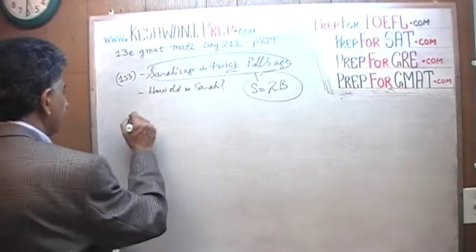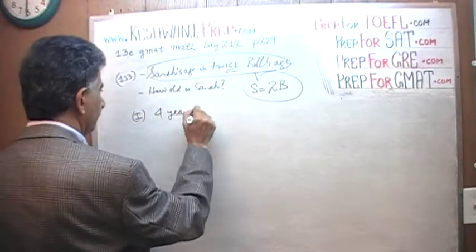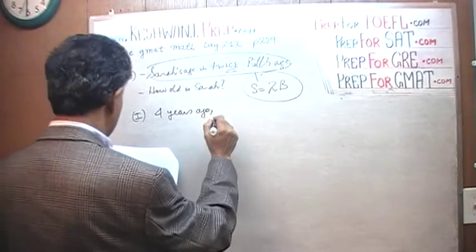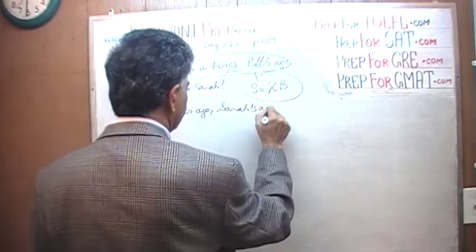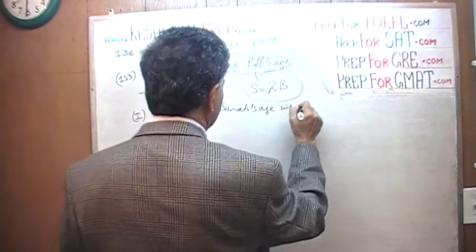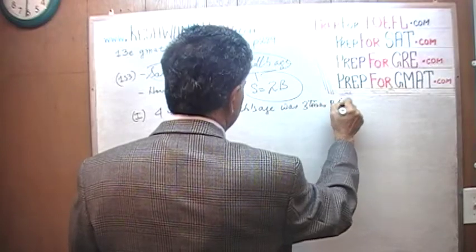In the first statement, they tell us 4 years ago. Oh, there you go. We are getting someplace. 4 years ago, Sarah's age was 3 times Bill's.